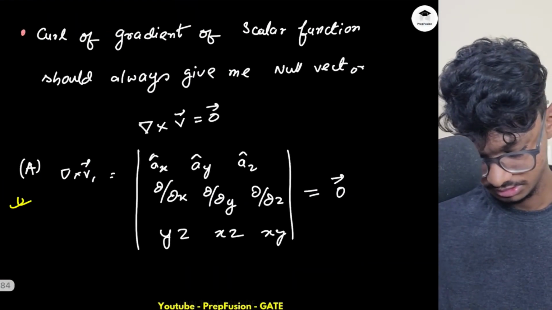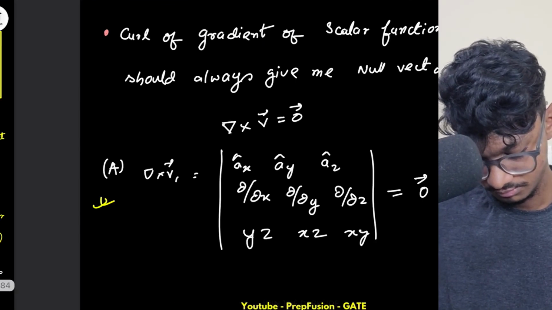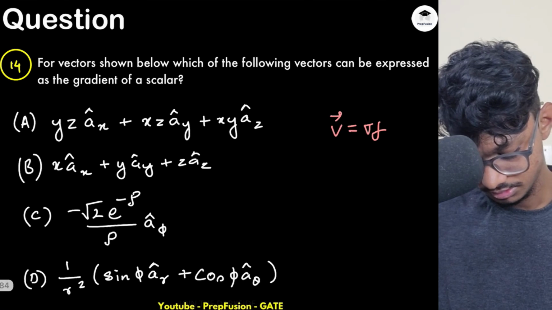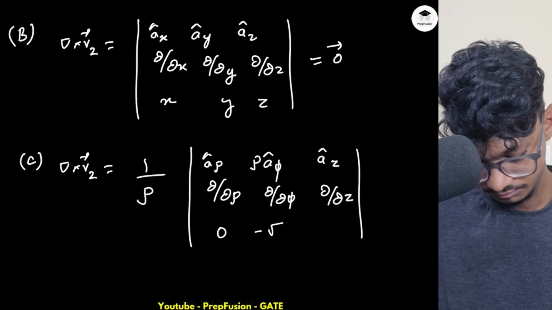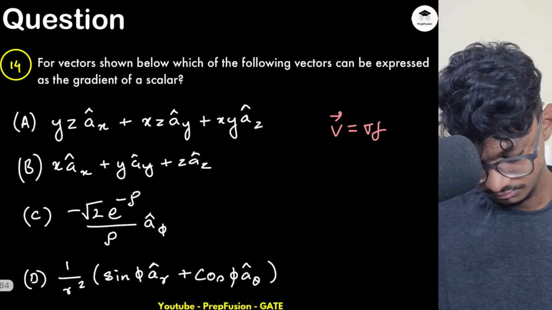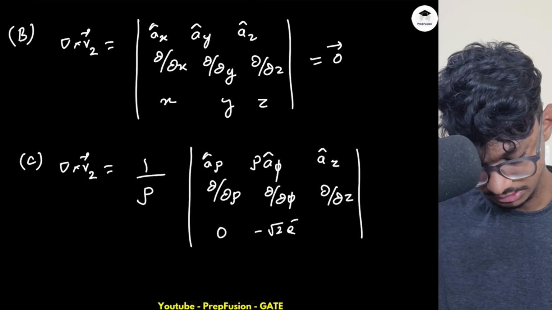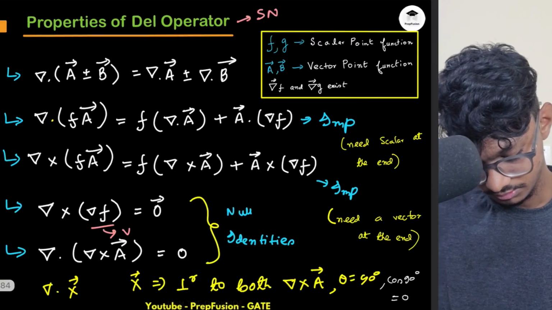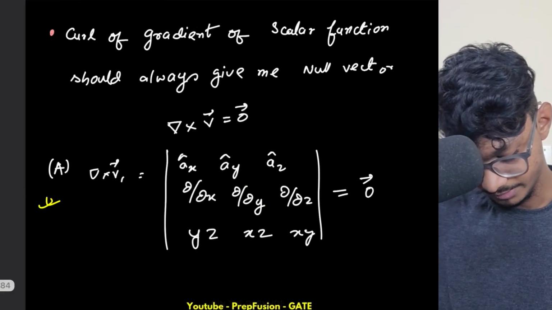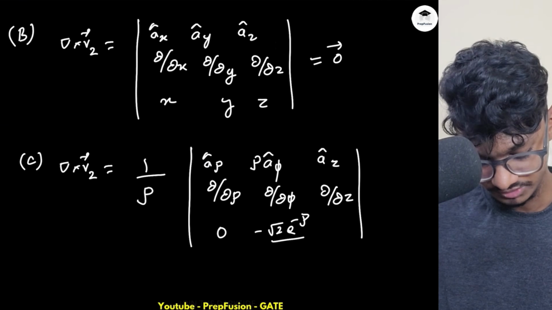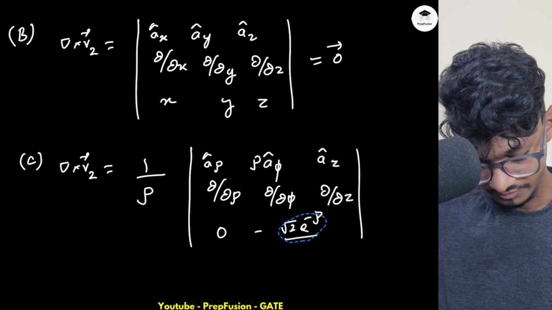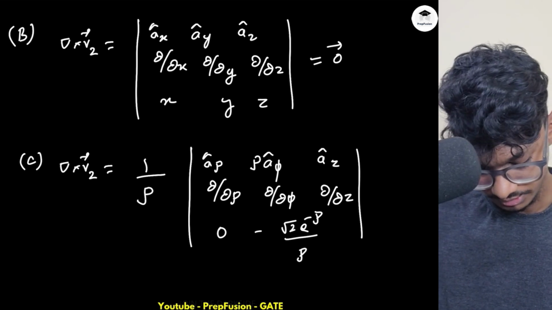This is 0, this is minus root 2 e raised to the power minus rho, divided by rho, and obviously I have to multiply by rho as well. If you remember, this was getting multiplied by rho as well.